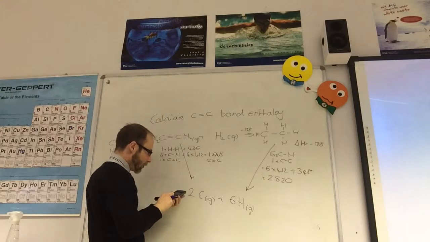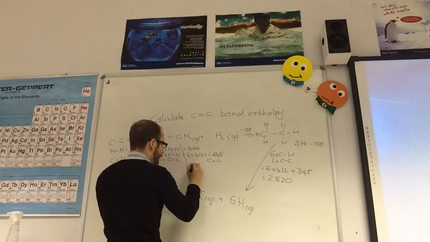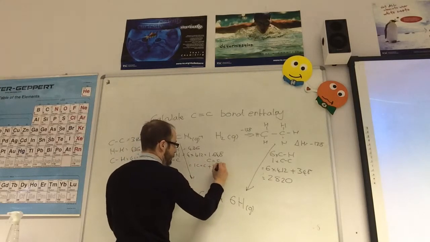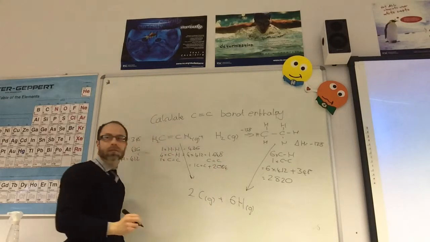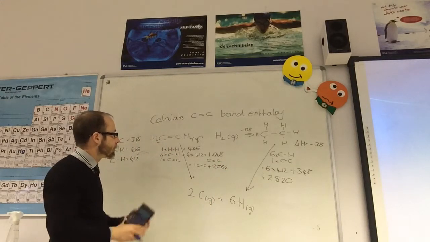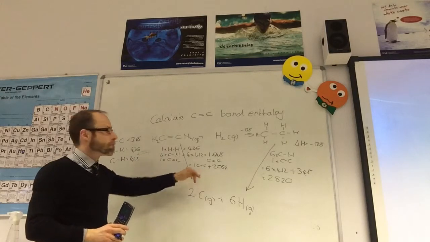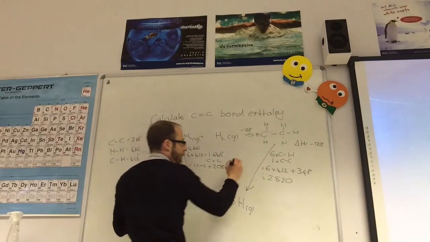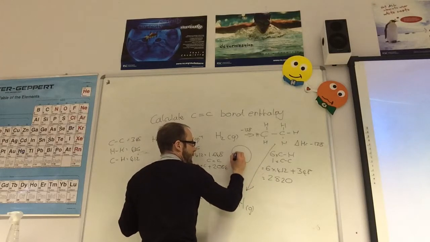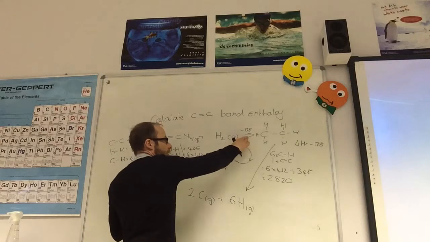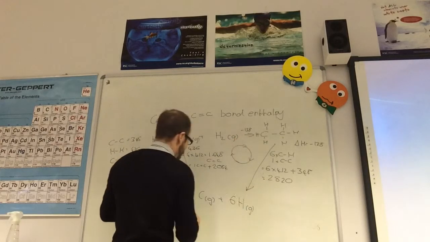So in total, that equals 1 carbon-carbon bond plus 2084. So I've just added all of these numbers up and I've added in my carbon-carbon bond, which I don't know. Right, I'll do my little circle. I've been a little bit crazy on the numbers there. Okay, so this and this.